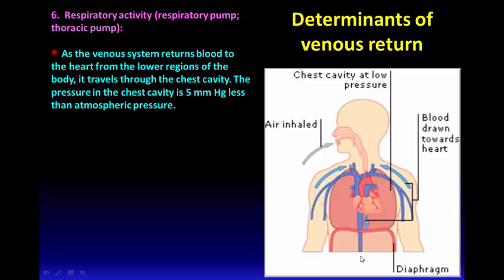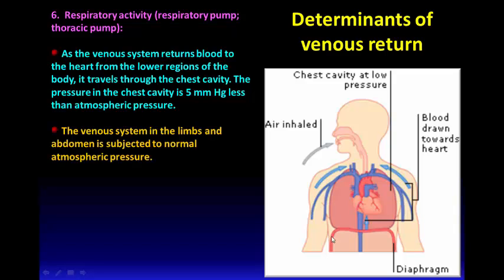As the venous system returns blood to the heart from the lower regions of the body, the blood travels through the chest cavity. The pressure in the chest cavity, the intrathoracic pressure, is approximately 5 millimeters of mercury less than the atmospheric pressure.